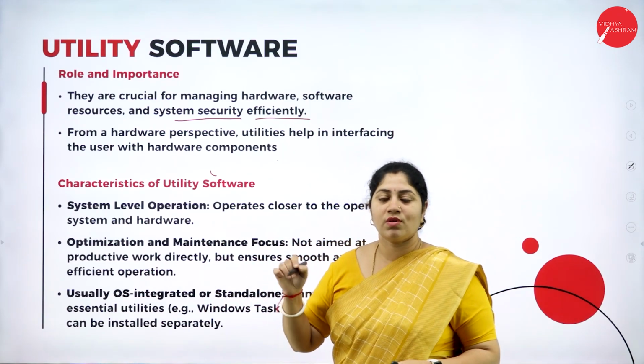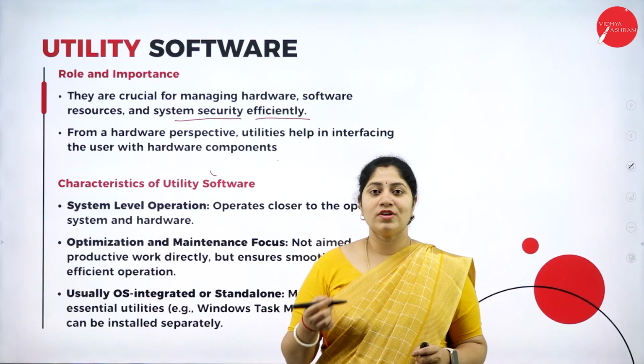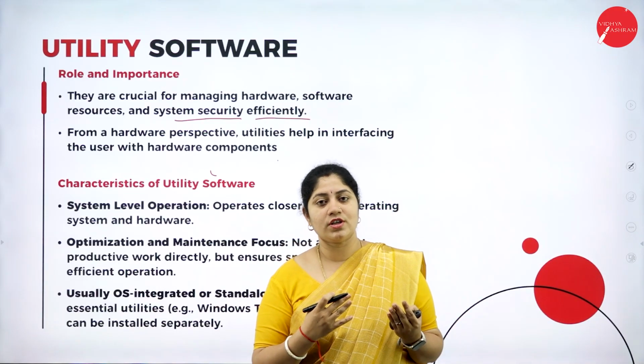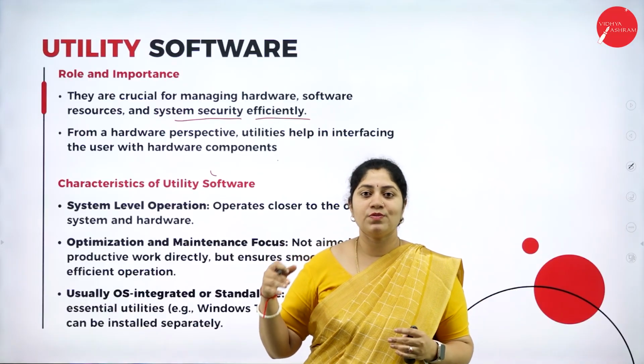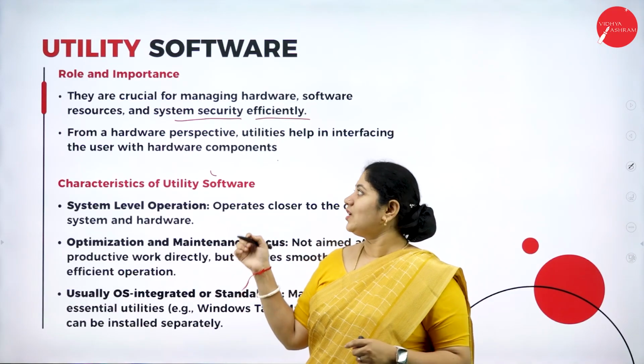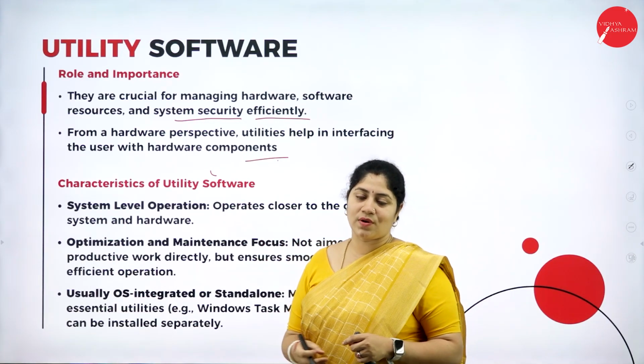So that is one of the crucial roles of our system utilities. Now, from the hardware perspective, the system utility forms an interface between the user and the hardware components. So this is the second role of our utility software.